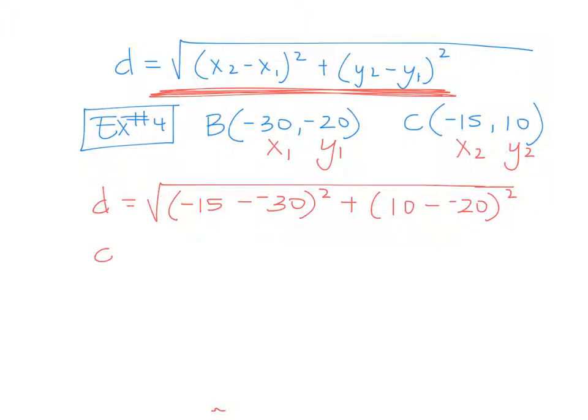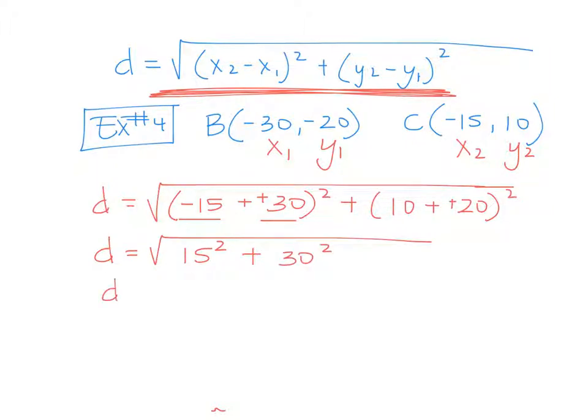Okay, so to simplify this, we have negative 15 plus a positive, right? Minus a negative becomes plus a positive. What's negative 15 plus 30? A positive 15. So that's 15 squared. 10 minus a negative 20 becomes what? 30 squared.